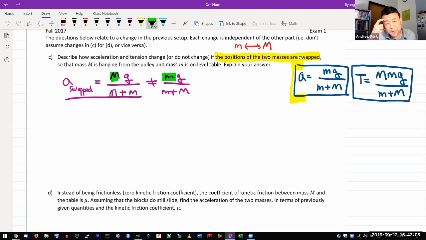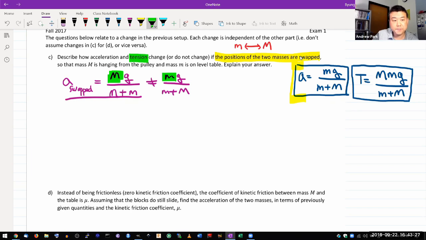So I hope it makes sense that when it's the bigger mass hanging from the pulley, then they accelerate faster. Now, what's interesting is actually the tension.